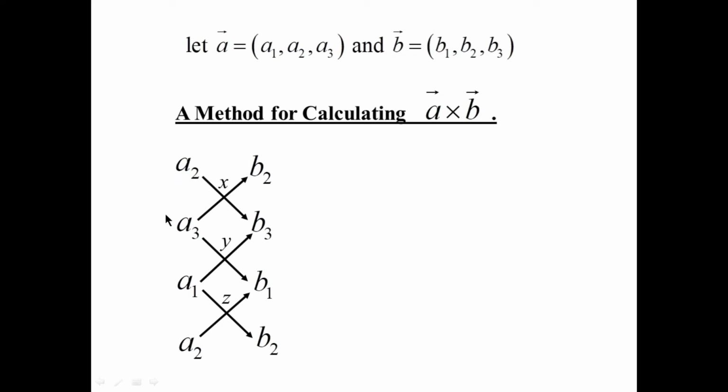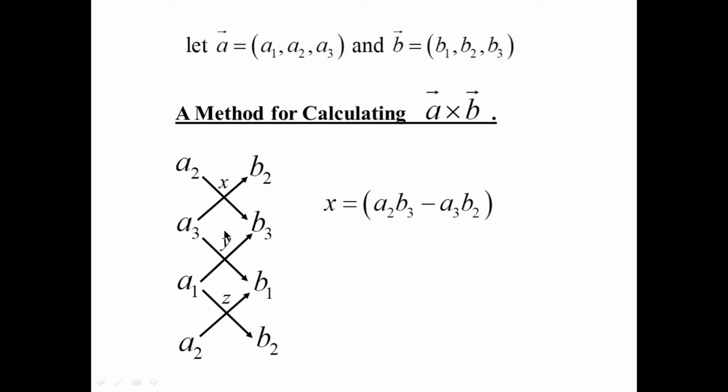This is middle, last, first, middle, referencing these 3. Similarly for B, over on the right-hand side here, we'll reference the middle number, the last, first, middle. Middle, last, first, middle. And then we get X being the difference between the down products subtract the up products.